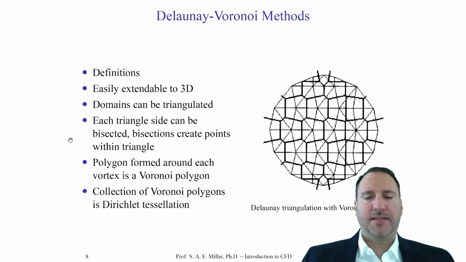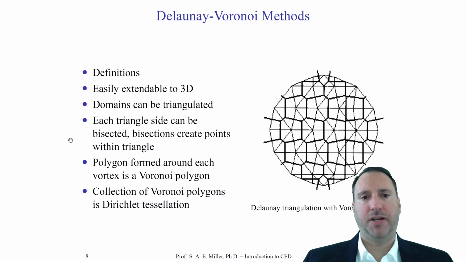In a sense, remember, each triangle for the Voronoi polygons formation is bisected within the points interior to each triangle. So you can see it's easy to create an arbitrary triangulation for any type of unstructured domain just by overlaying a structured set of triangles within it, which can easily be created with a numerical algorithm.